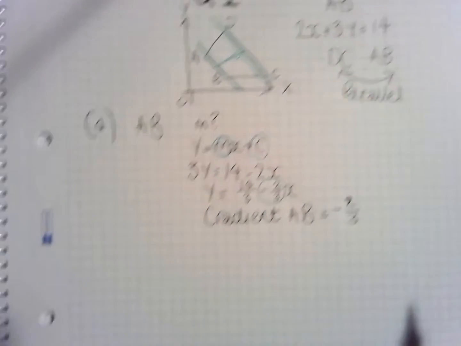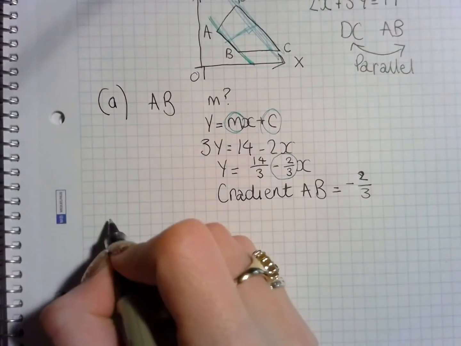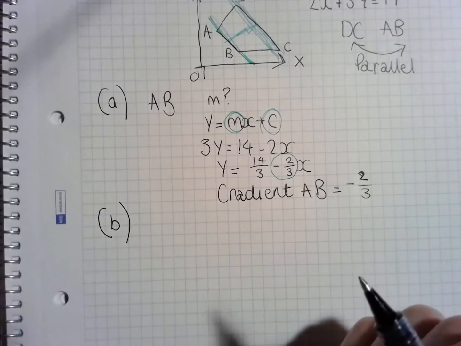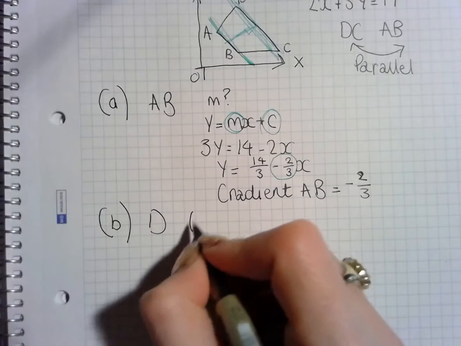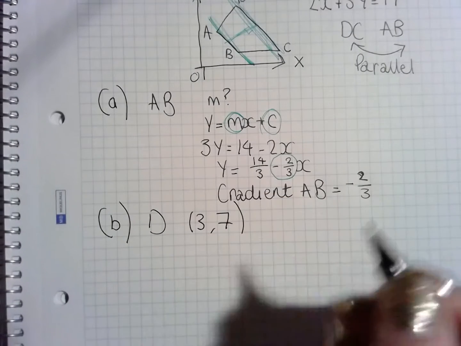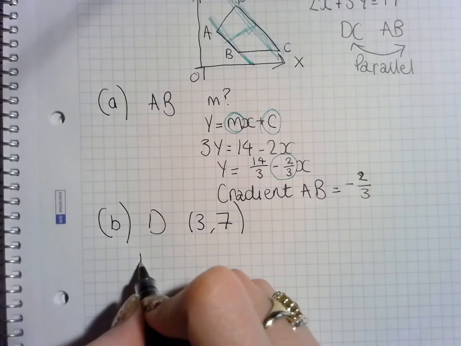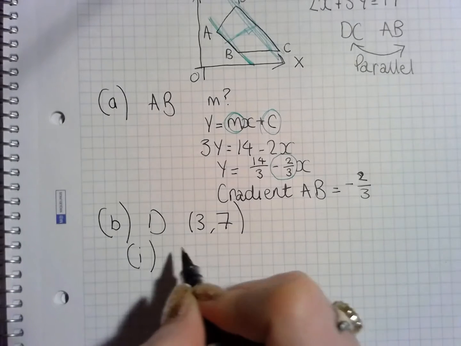So, on to the next question. Part B. Right, so it's giving you that the point D has coordinates 3, 7. So part I is find the equation of the line DC.